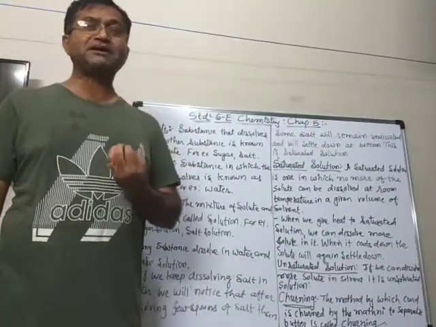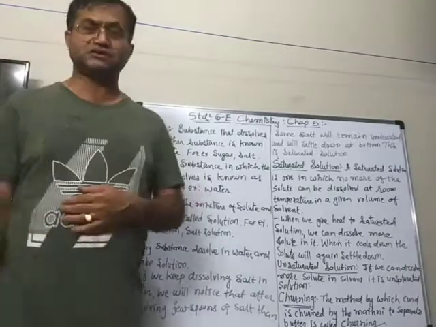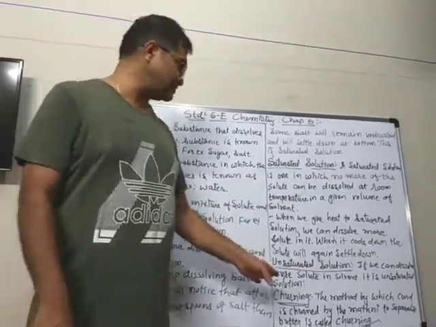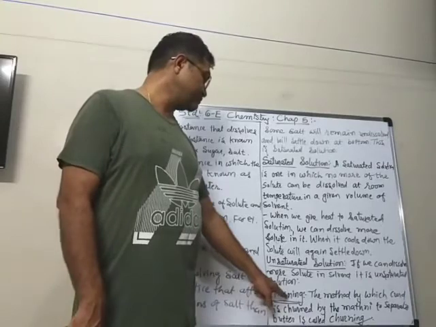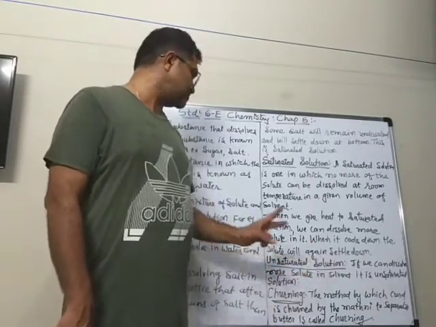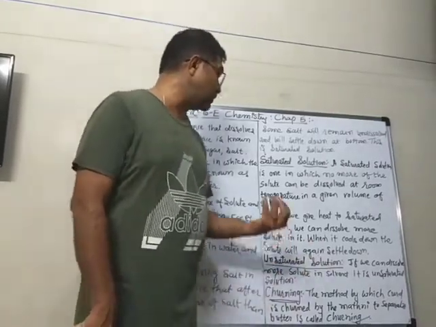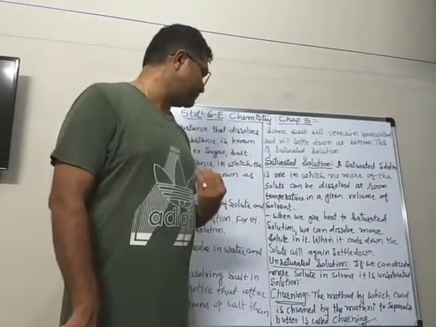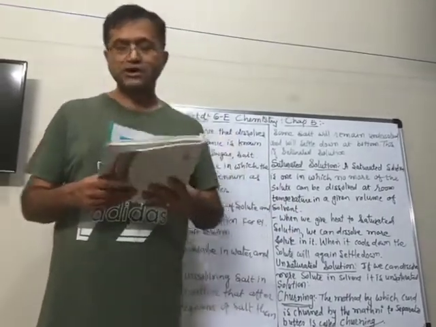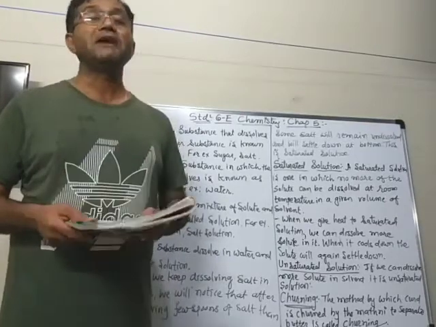To get that butter from that mixture, we have to churn it, and that process is known as churning. So the method by which curd is churned by the mathni to separate butter is called the churning method.